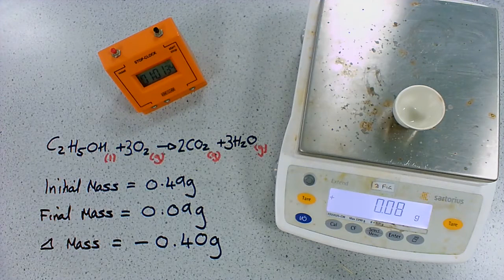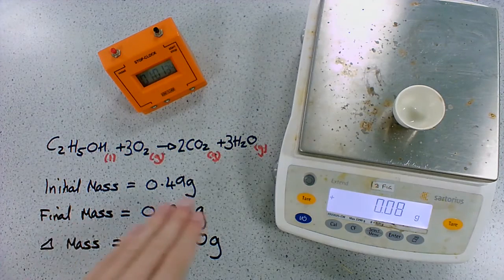So something with a particular mass would exert a particular force because it is being pulled by gravity. So we can only measure the mass of liquids and solids, because gases don't exert a force down on the balance because they've got enough kinetic energy to escape.